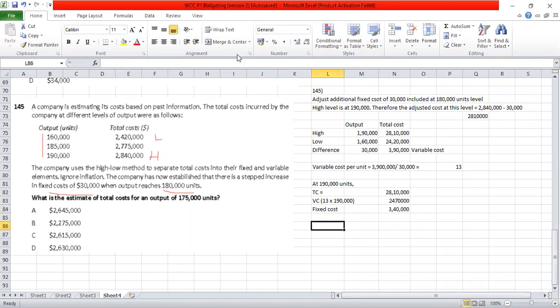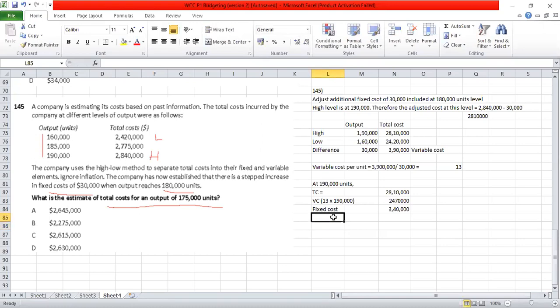The question further asks us to find out the estimated total cost for an output of 175,000. Now we also have to remember that fixed cost at 190,000 units will not be just 340,000, because from 180,000 units there is an addition of 30,000. So the fixed cost part of it is 340,000.